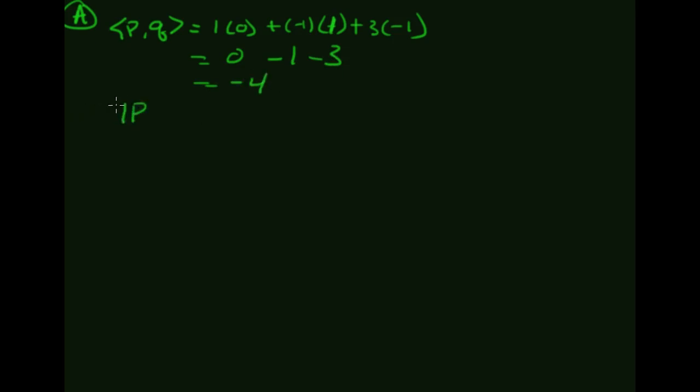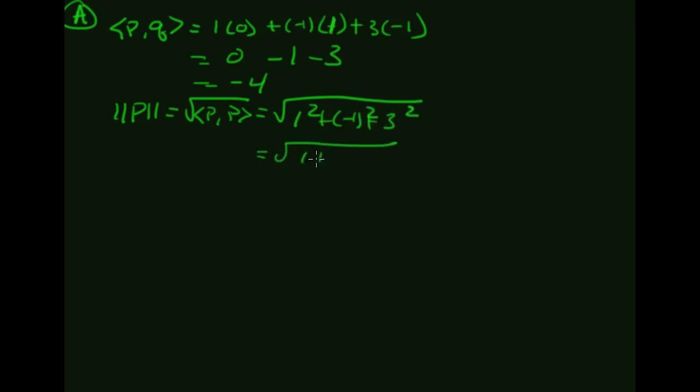The magnitude of P is square root of the inner product of P times P. So that's square root of 1 squared plus negative 1 squared plus 3 squared. So this is 1 plus 1 plus 9, square root of 11.